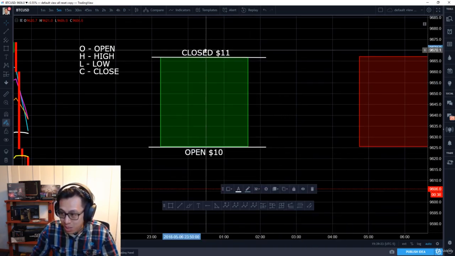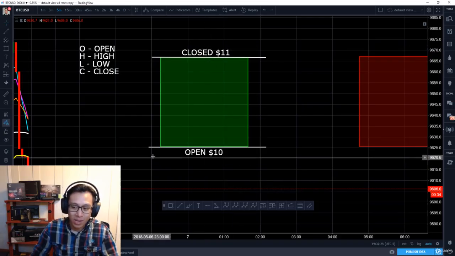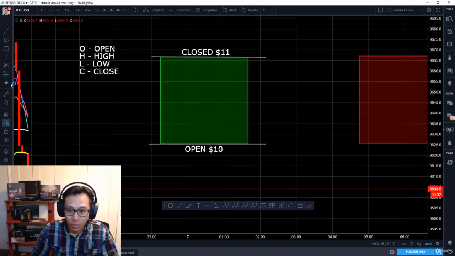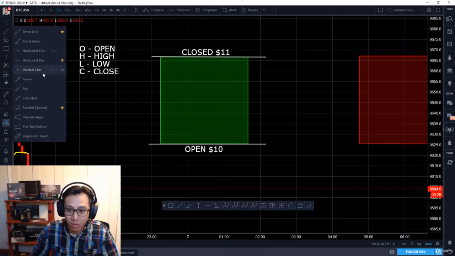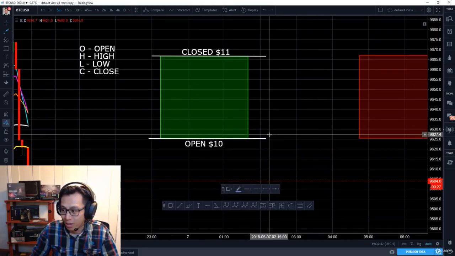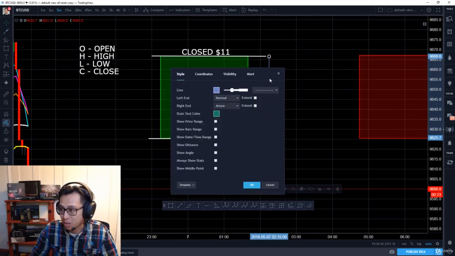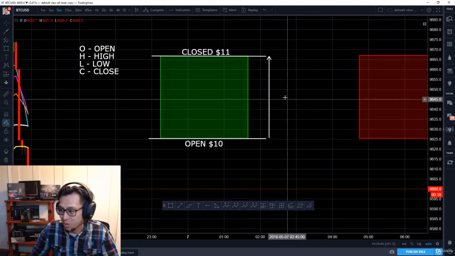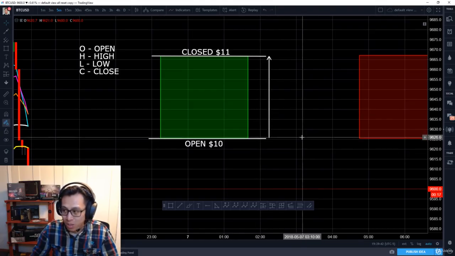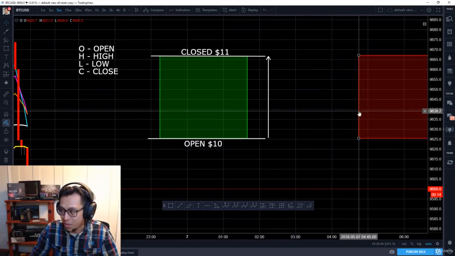This is the open because we have to think about it from the ground up, right? Going upwards like that, right? Does that make sense? So we think about it from the perspective of going from down to up because it is green. So let's take a look at this one right here.